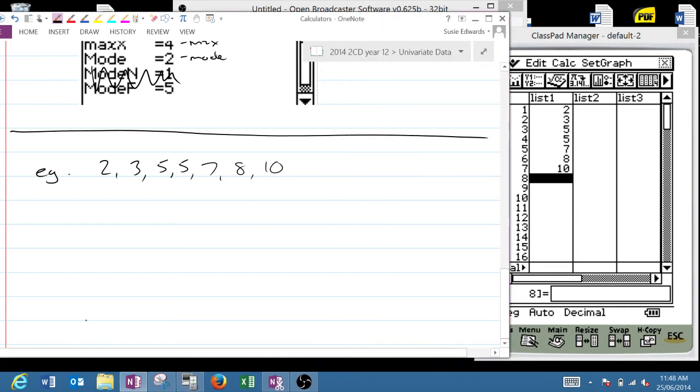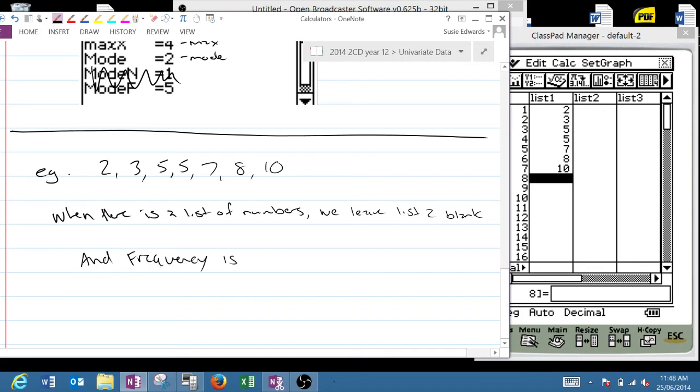So, when there is a list of numbers, we leave list 2 blank, and frequency is 1. So instead of a list, we just write the frequency as being 1 whenever we do all those things.